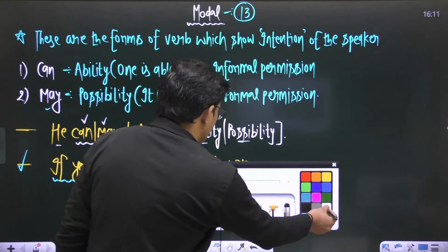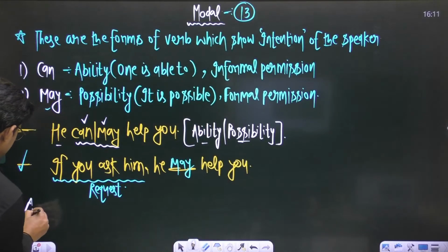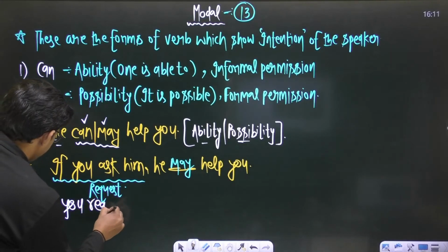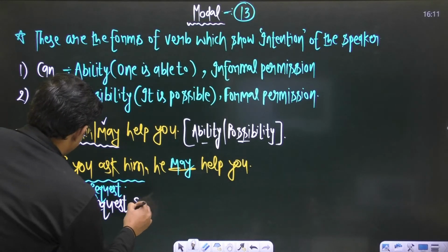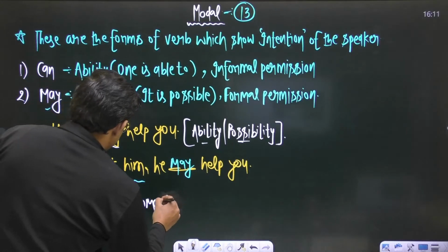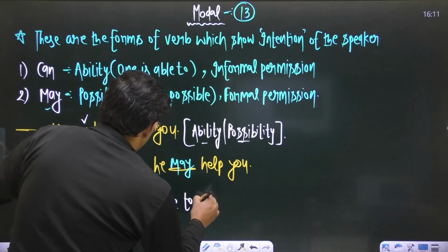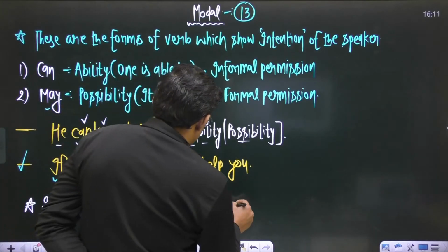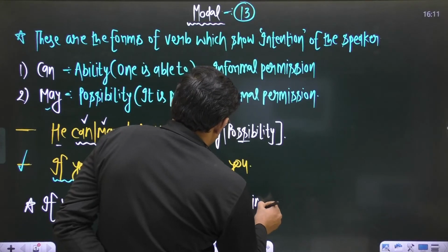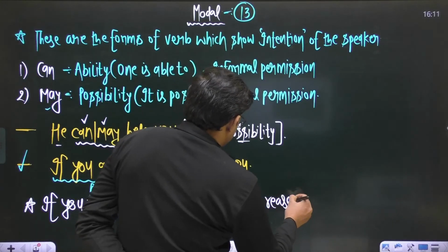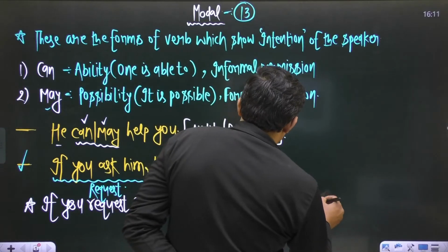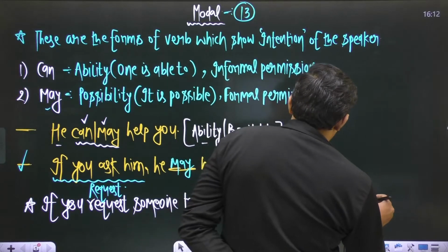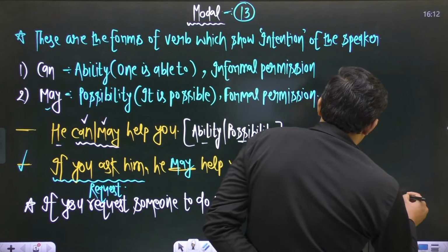And the concept is what? The concept is, if you request someone to do something, it increases its possibility, not ability, right?